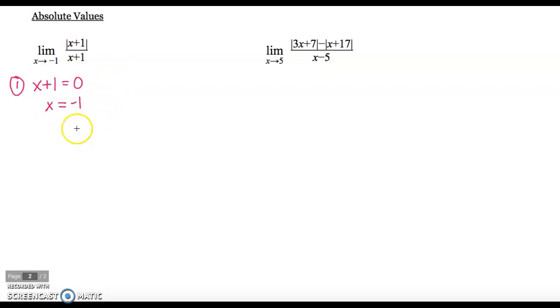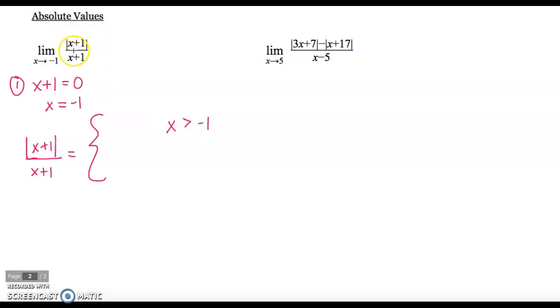And so then I'm going to break up my absolute value into a piecewise function now. So now my absolute value of x plus 1 over x plus 1 would be this. So if you have values that are greater than -1, so let's say like 12, do your absolute value symbols actually matter? 12 plus 1 is 13.